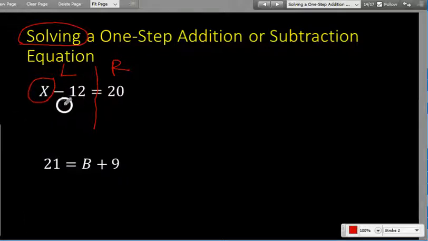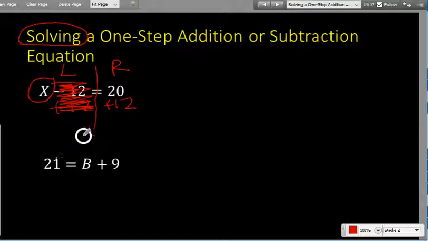To get rid of a subtract 12, the opposite of subtracting 12 would be to add 12. If we add 12 on the left side, we also need to add 12 on the right side. And so now on the left side, the subtract 12, add 12, totally cancels off.